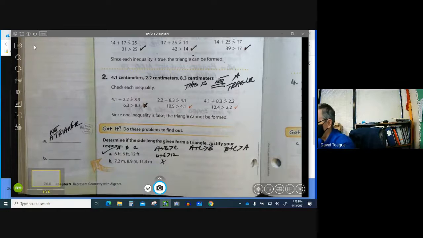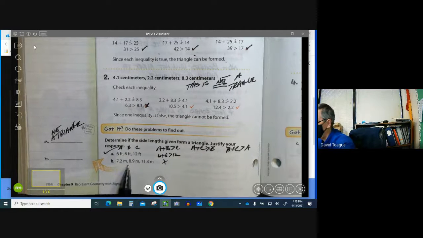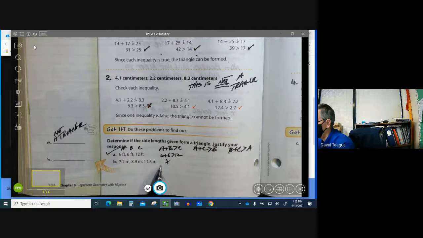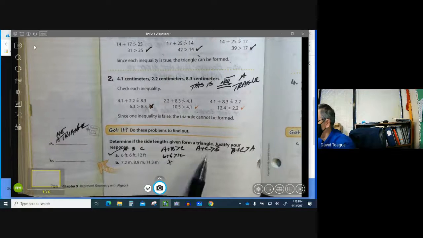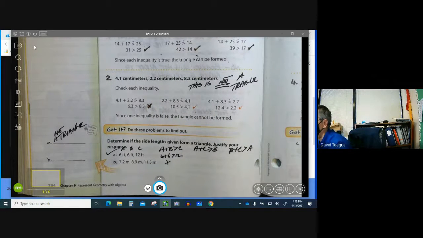B, let's go ahead and do it with B. So take your 7.2 meters, 8.9 meters, and 11.3 meters and plug it into your three inequalities. See if that is a triangle. Hey, Google, set a timer for 1 minute. Now you want to work. Plug your numbers in, see if your inequalities are true.